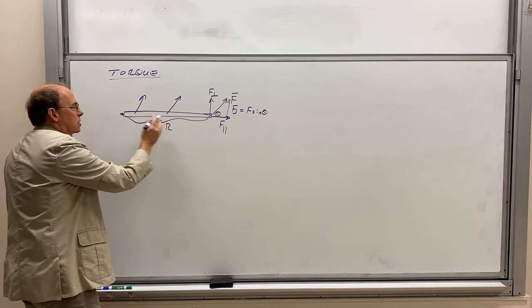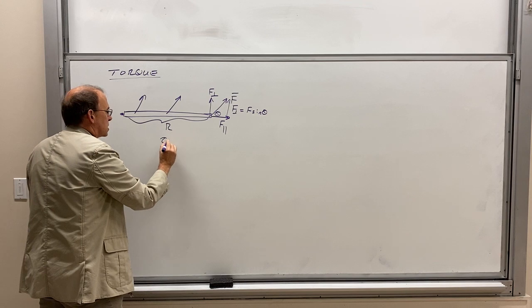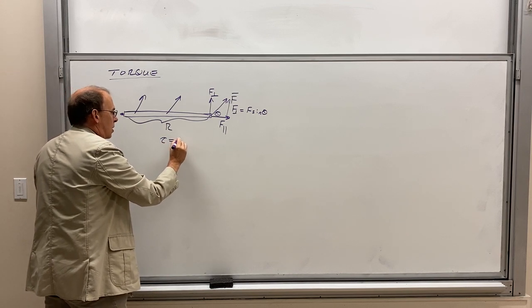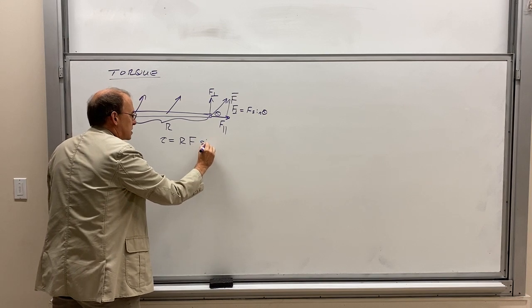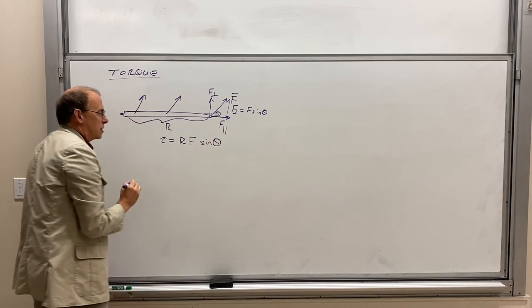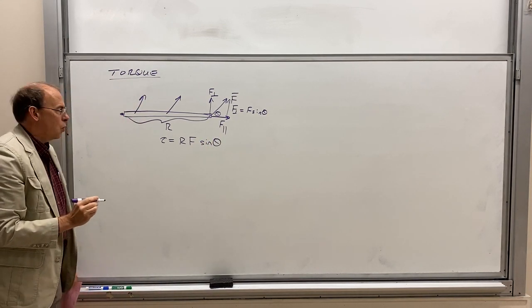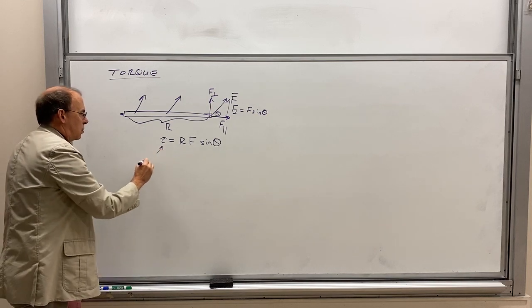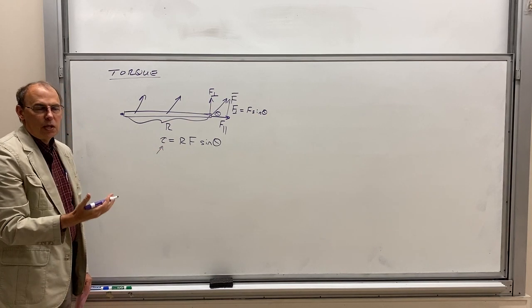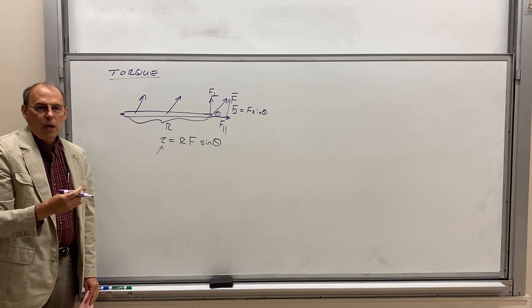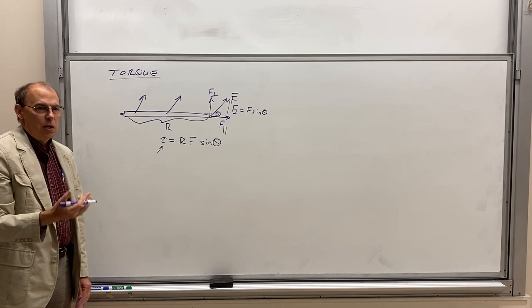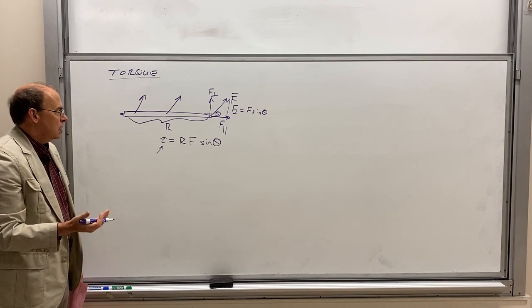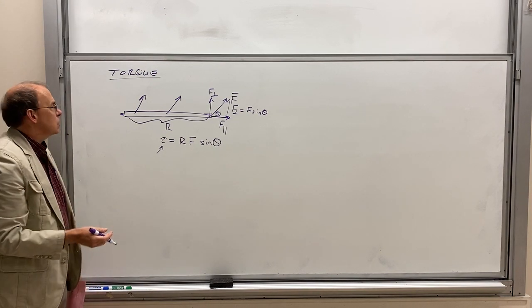And the torque that this force applies is given by the distance R, F, times the sine of that angle theta. This is the torque. I'm using the symbol tau. That's the Greek letter tau for torque. There's no absolutely agreed on symbol for torque. Some books use tau, some use an uppercase gamma, some use T. I happen to use tau.